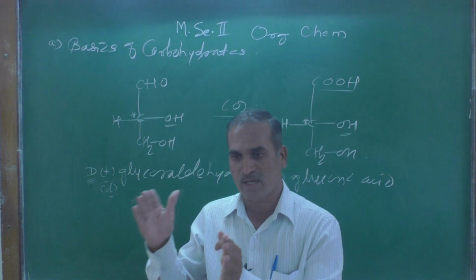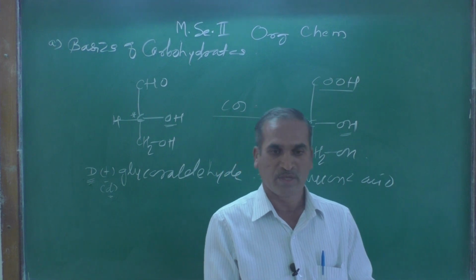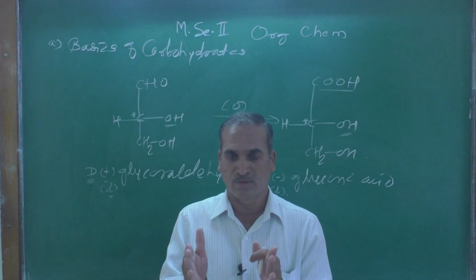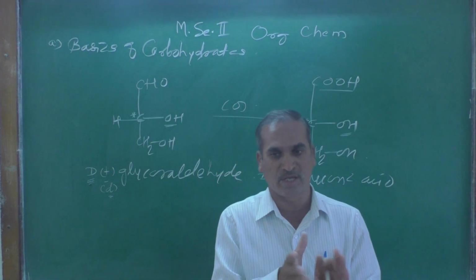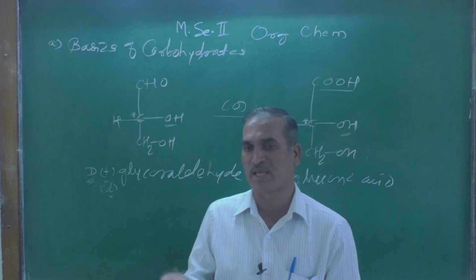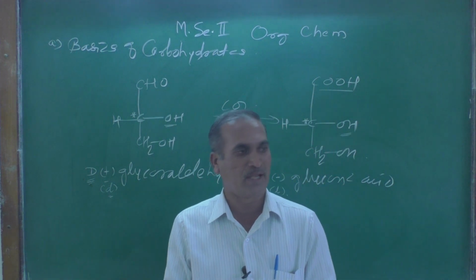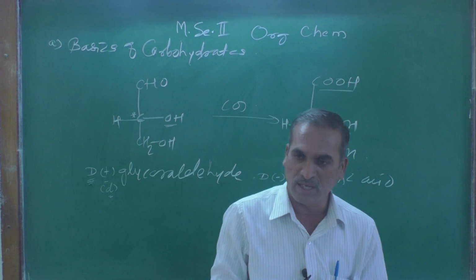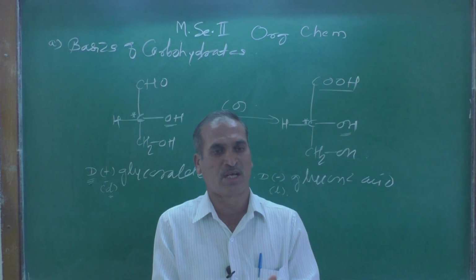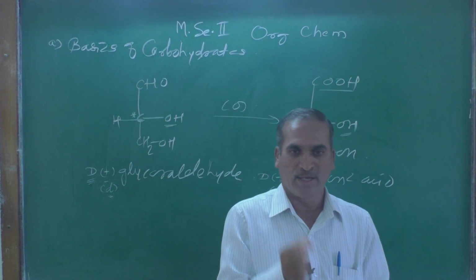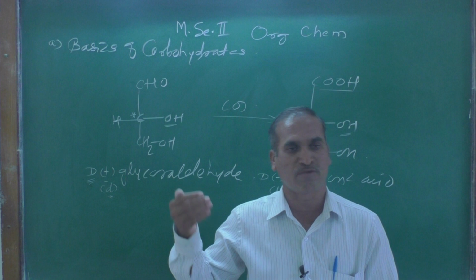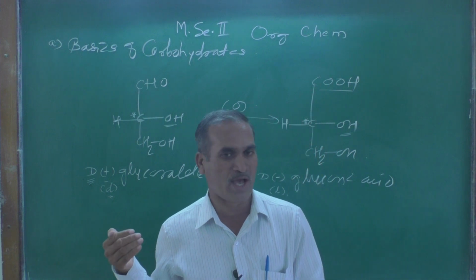Those groups present horizontally are projecting above the plane, means they are coming above the plane, and those present vertically are shown by the dotted line. So this is the general guideline while writing a carbohydrate on the basis of the Fischer projection formula.